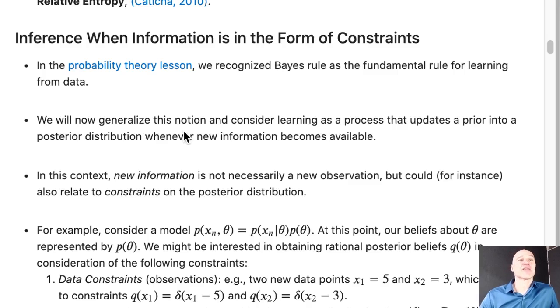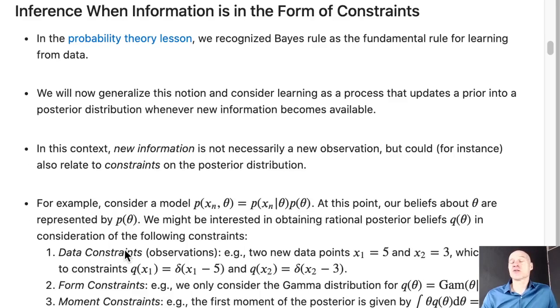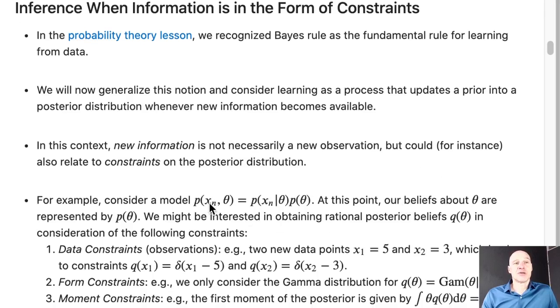What I mean by that is a data constraint. I just mean observations. So let's say I have a model here, p of xn comma theta, and I make some observations xn, and I'm interested in going from a prior p theta to a posterior q of theta.